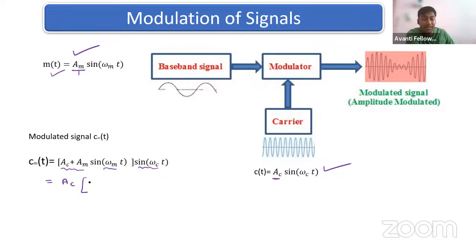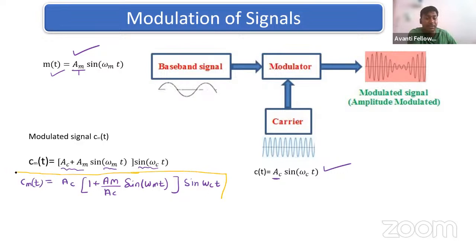If I'm taking Ac as the common, then here I will get Am over Ac, and here will be sine of omega m t, and this is sine omega c t. This is another expression that is very important here, because questions are asked from this expression.